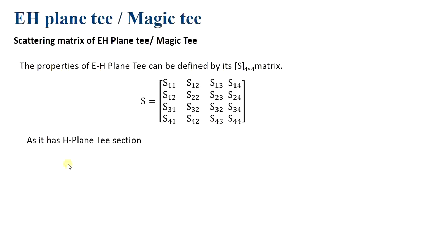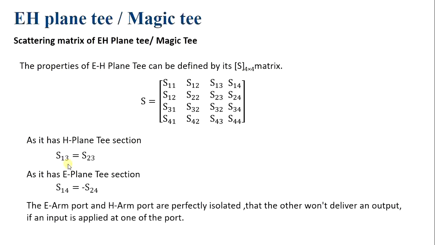As it has an H plane T section, we can write S13 equal to S23, and as it has an E plane T section, we can write S14 equal to minus S24. The E arm port and the H arm port are perfectly isolated, and the other won't deliver an output if an input is applied at one of the ports. So we can write S34 equal to S43, which will be equal to 0.